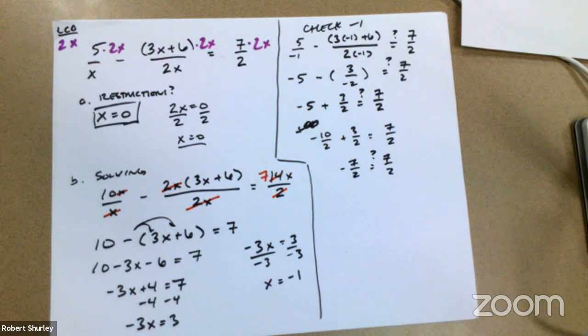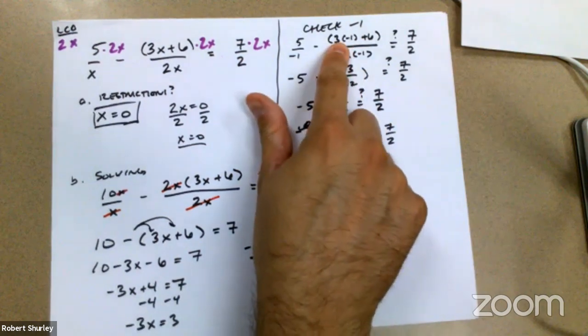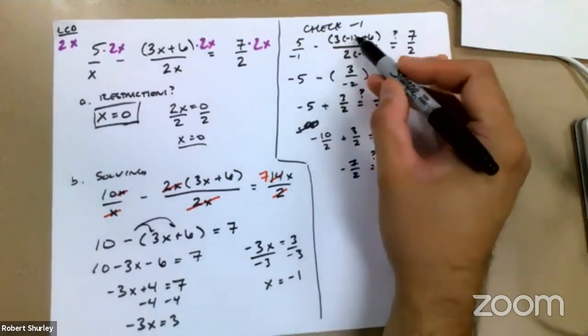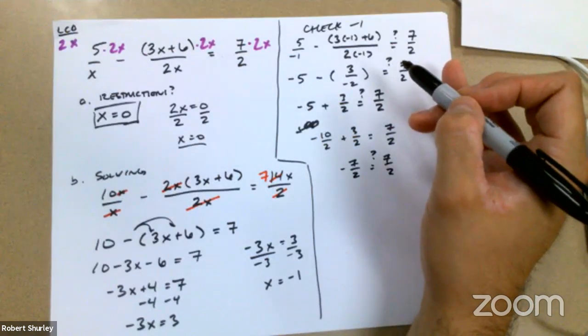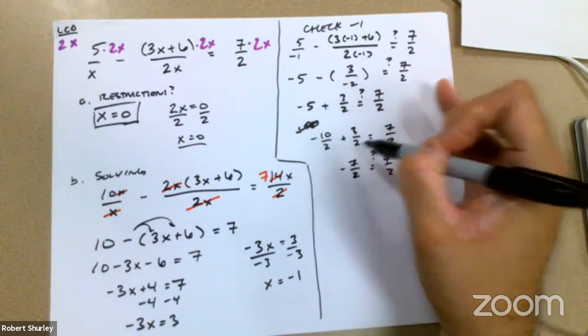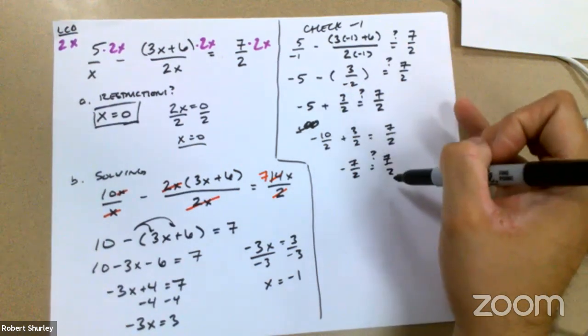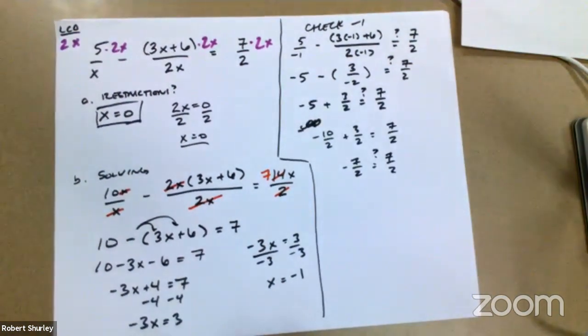Okay, let's see here. Let's see if I goofed up on checking it. That'll be negative 2. That's 3. Oh, you know what? No, that's right. Negative 3 plus 6, that's 3. That becomes addition. This is negative 10 halves, right? Because we have to match it. Negative 7 halves. Maybe I made a goofy mistake then.